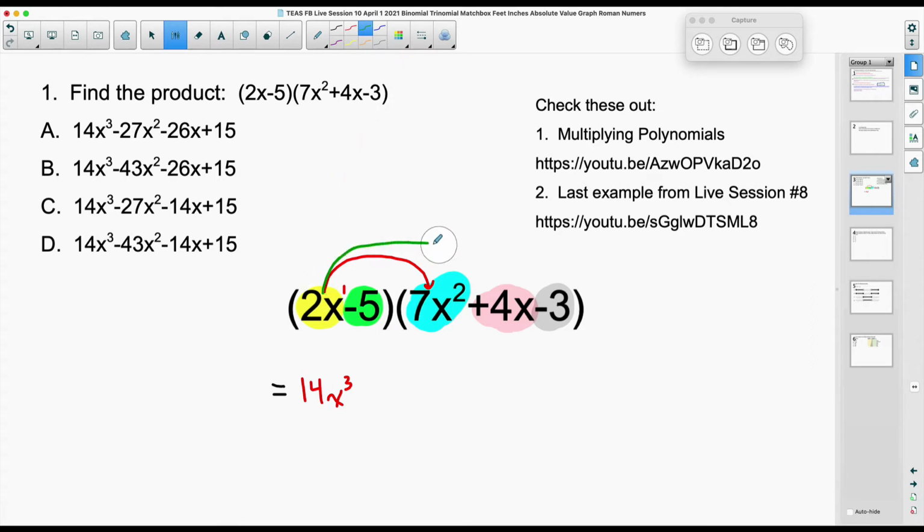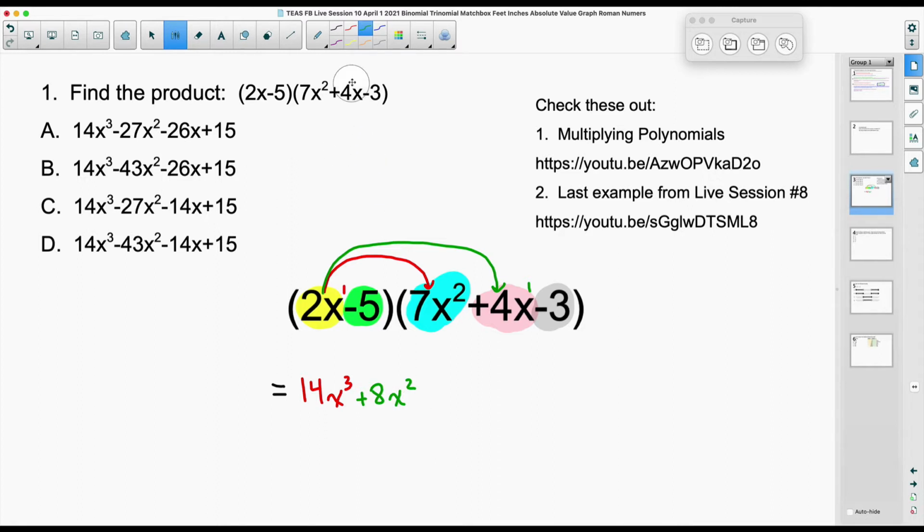Take this 2x, multiply by this 4x. So 2x times 4x, well, 2 times 4, they're both positive. That's a positive 8. And remember, x to the first times another x to the first is going to be x squared.